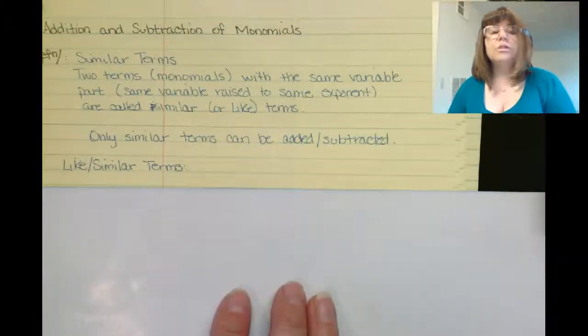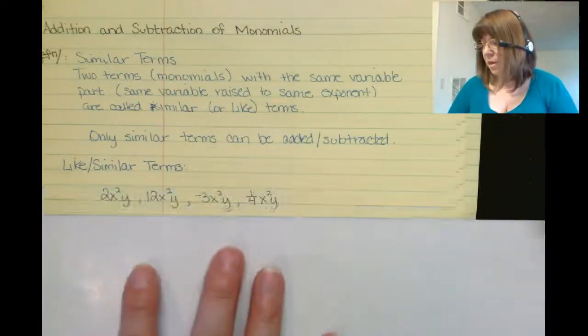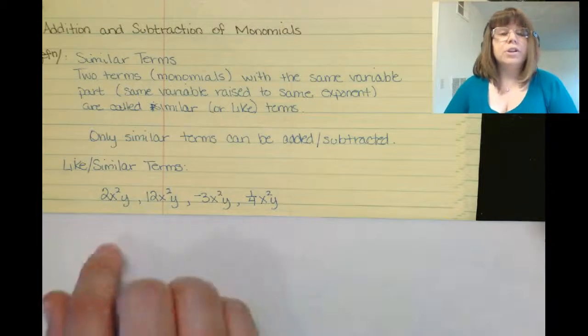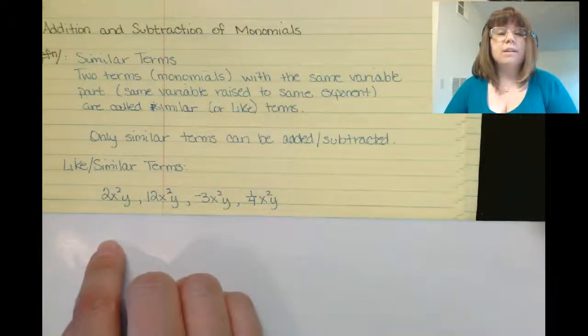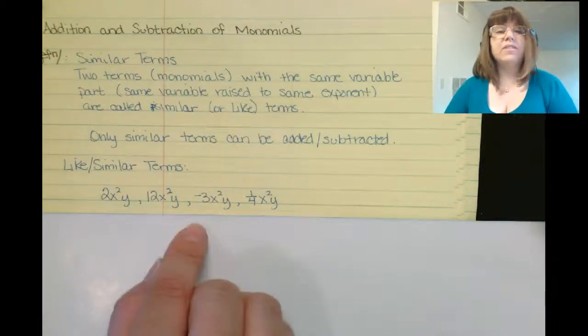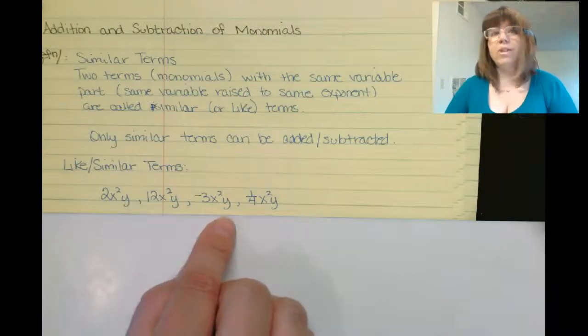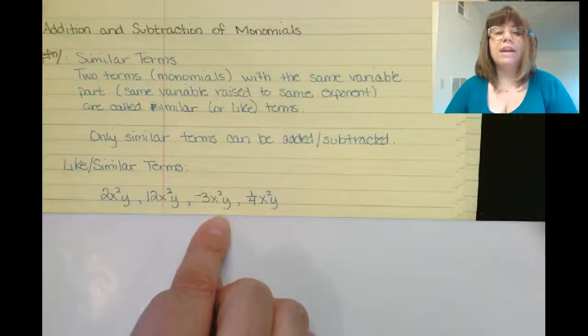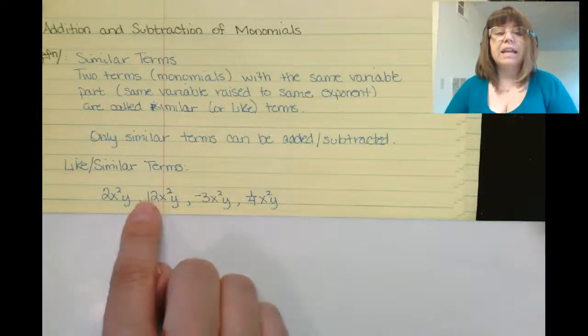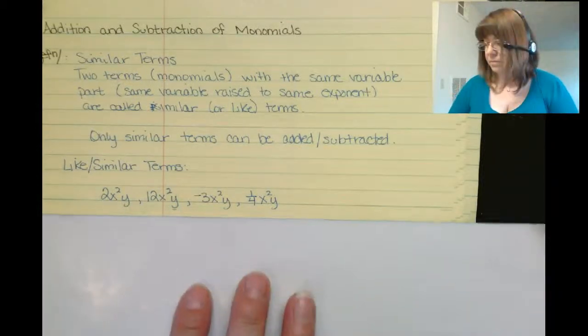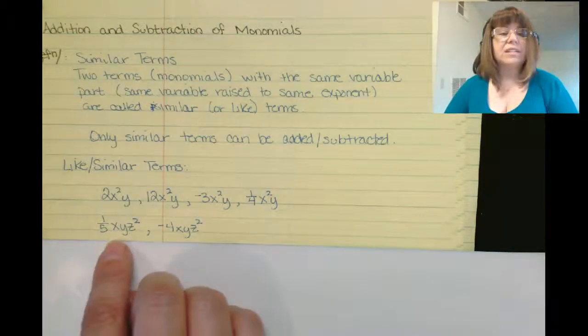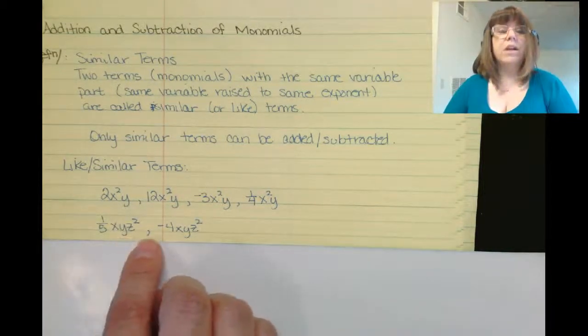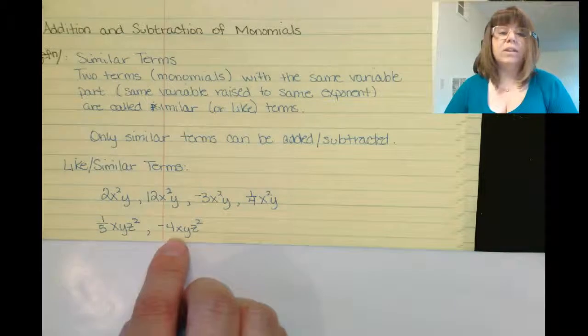So what do like terms or similar terms look like? Well, for example, 2x squared y, 12x squared y, negative 3x squared y, 1/4 x squared y, all of these have an x squared y in common. They are like terms. 1/5 xyz squared, negative 4 xyz squared.